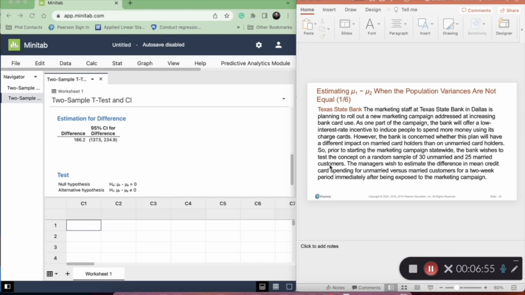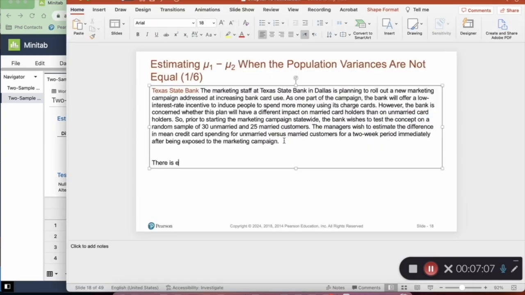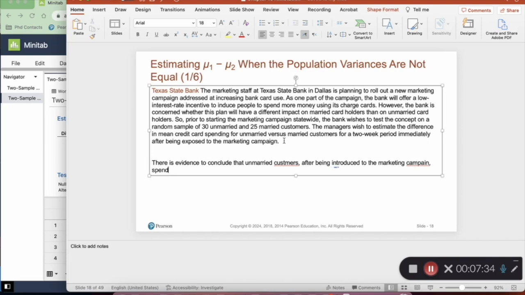So maybe we can write this somewhere here. There is evidence to conclude that unmerit customers, after being introduced to the marketing campaign, spend more than the merit customers on average.